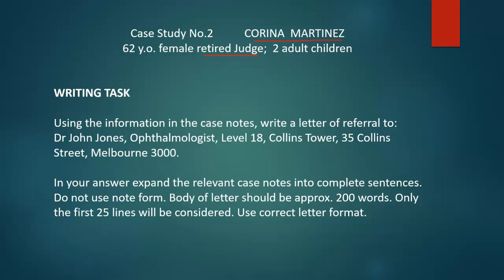So when you do this address, okay, this is line 1. Ophthalmologist would be line 2. Level 18 is line 3. Collins Tower is line 4. 35 Collins Street would be on the 5th line. And Melbourne, 3000 would be on the 6th line. Right?